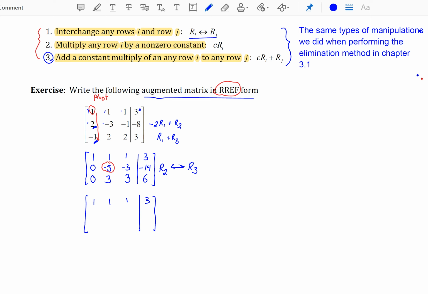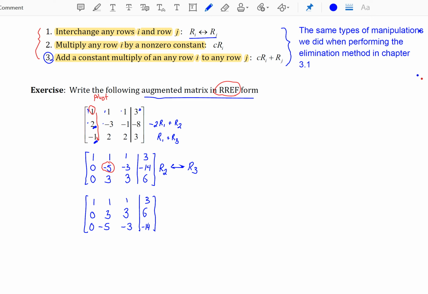If you swap rows 2 and 3, then this now becomes 0, 3, 3, 6, and the third row now becomes 0, -5, -3, and -14. Now, a bit of justification here.